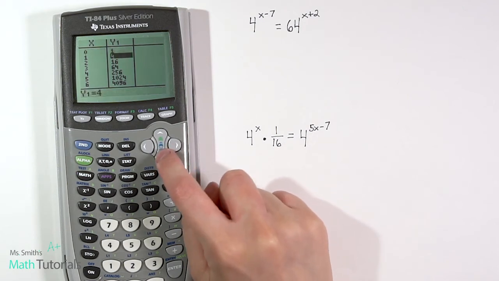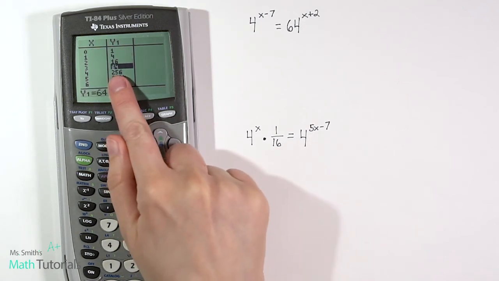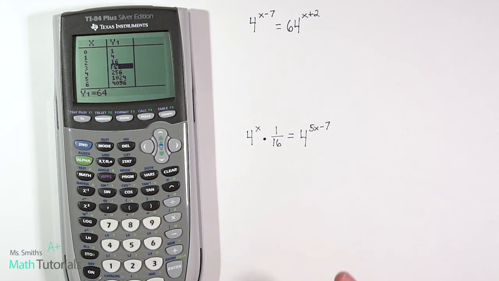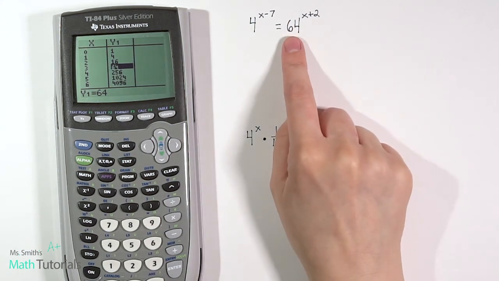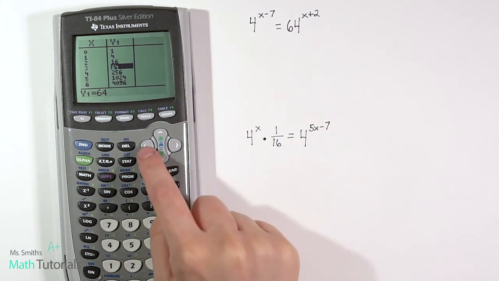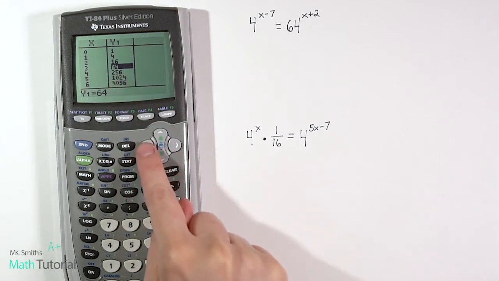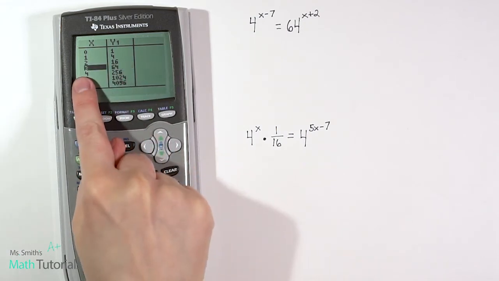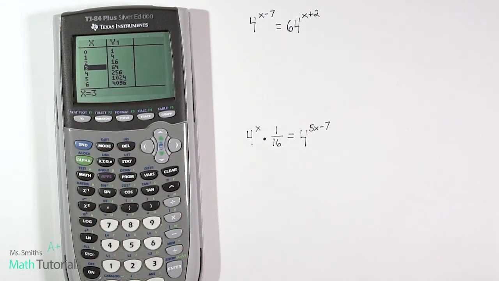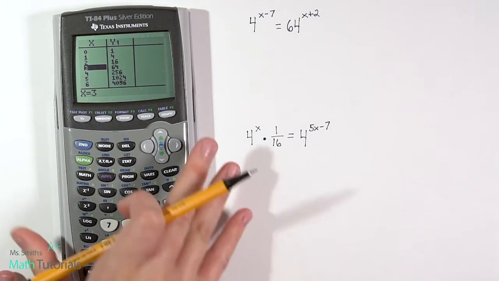So looking at my y equals, do you see how there's a 64 there? That's exactly what I would want to see because I want to end up with a 64. So what would I have to put 4 to the power of? 3. So that tells me 4 cubed, 4 to the third power, is 64, which is exactly what I want.